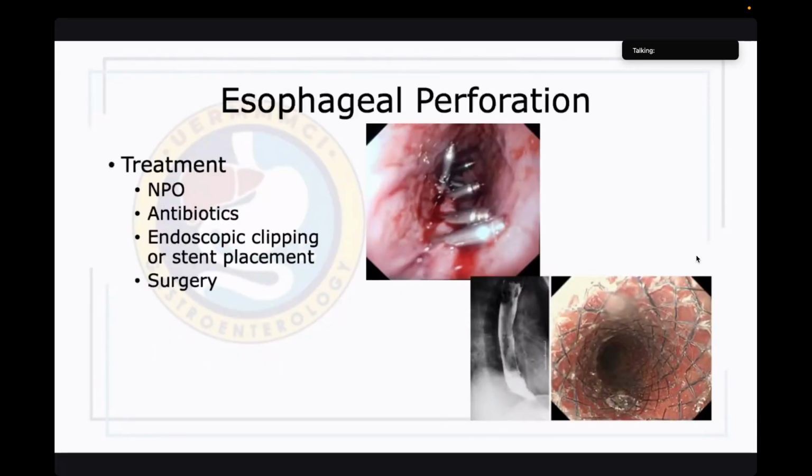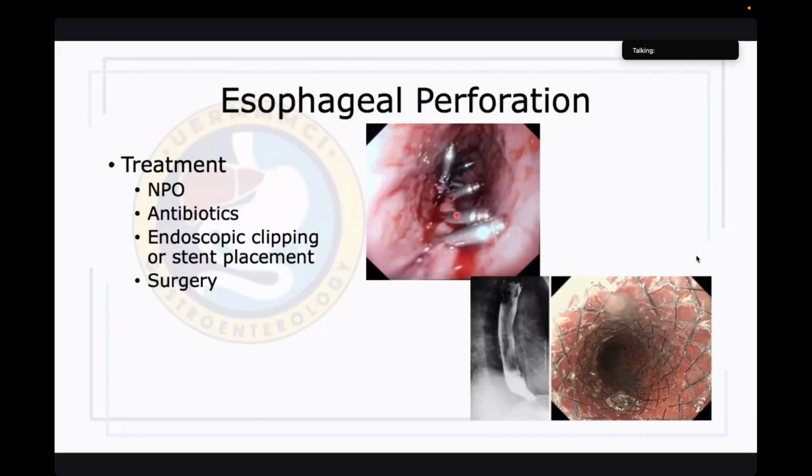Once you suspect perforation, a nasogastric tube should be inserted carefully and broad-spectrum antibiotics should be started. The treatment options would depend on the extent, the location, and the nature of the perforation. If, for example, the perforation happens during endoscopy, then one option is to close the perforation using hemoclips.